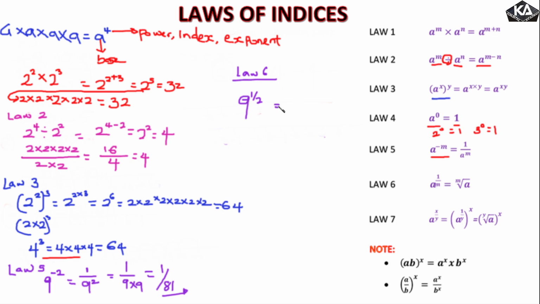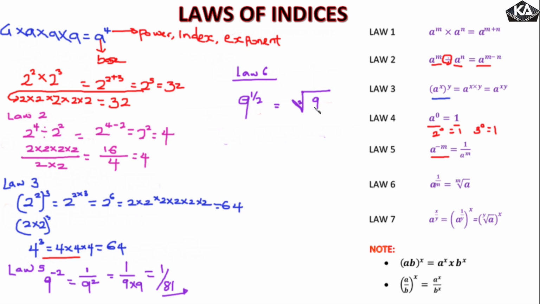The 9, then the 2 will be here. The 2 is not outside, the 2 is in between the roots. What does this mean? It means that you look for a factor, a number that when you multiply twice, will give you 9.